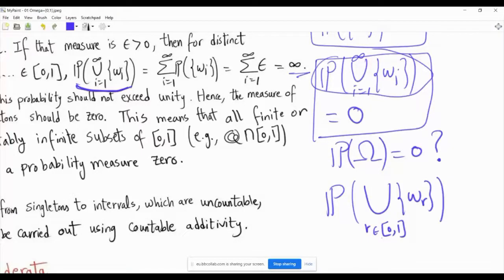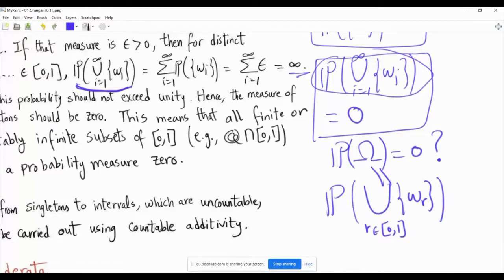You cannot use a natural number, because intervals have the same cardinality as R, and R is strictly larger than the natural numbers or than any countably infinite set. So basically omega is equal to this union.